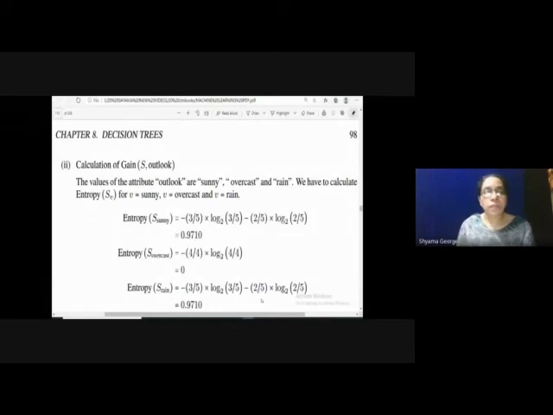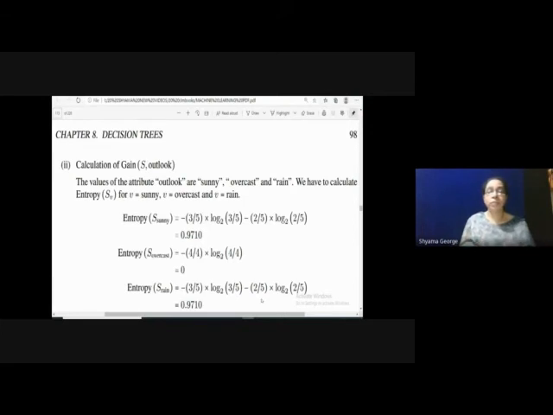Now when you consider the value overcast for the attribute outlook, you can find that there are 4 records with the value overcast. All of them belong to a single class. So the entropy of S overcast is minus 4 by 4 log 2 to the base 4 by 4, which is equal to 0. Then when you consider the value rain, there are 5 records with the value rain.